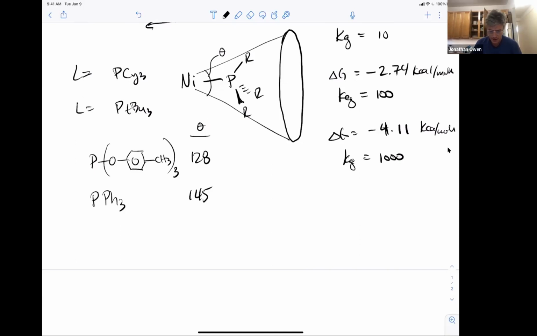That's not always going to be true. For example, I don't have the numbers in front of me, but tris-neopentylphosphine is probably bigger than tris-tert-butylphosphine. In substituent effects in organic chemistry, if you're doing an SN2 reaction on a primary alkyl bromide that has a tert-butyl group next to it, that's slow.